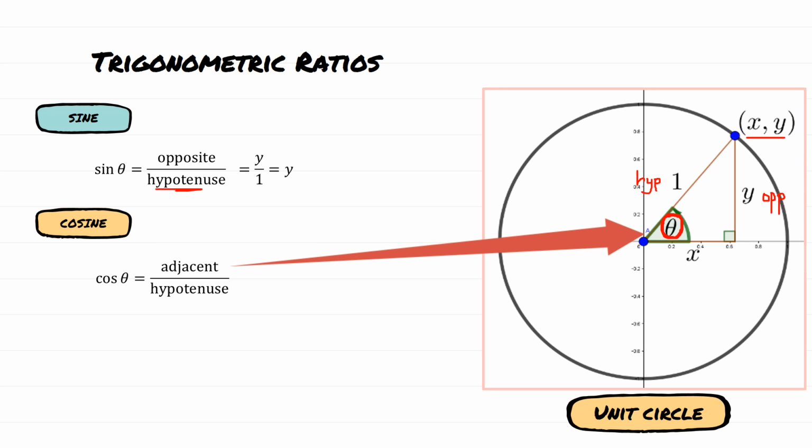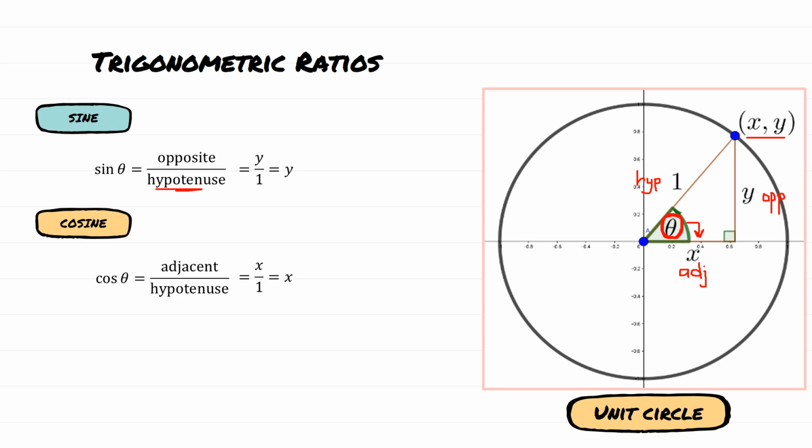Pag sinabi kasing adjacent, yun yung side na nasa tabi ng angle theta mo. In this case, ang adjacent side mo is x. So your adjacent side here is x. And pag sinubstitute natin yan, adjacent over hypotenuse, that will just be x over 1 or simply x.